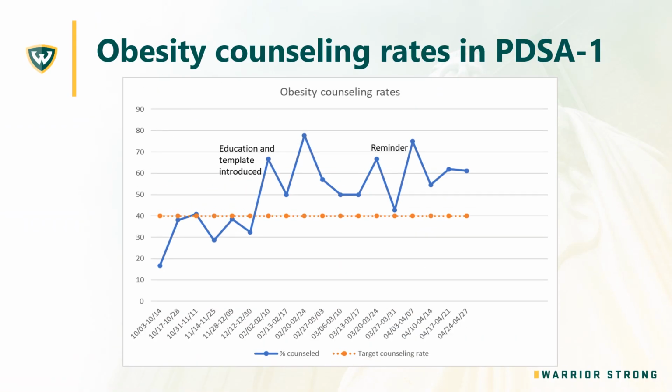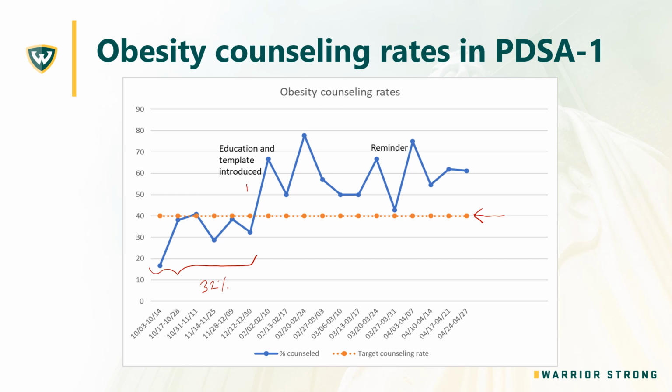This is a run chart that we used to track the obesity counseling rates during our first PDSA cycle. The orange dotted line that we see over here is the goal counseling rate, which is 40%. We also calculated a baseline obesity counseling rate looking at data 3 months prior to the intervention, and the baseline counseling rate was around 32%.